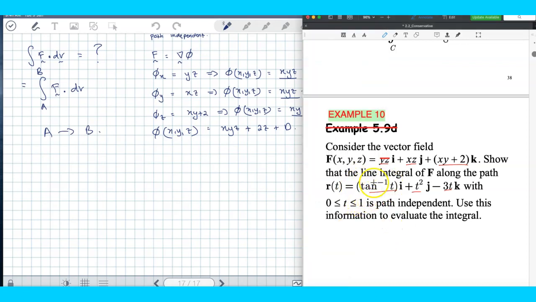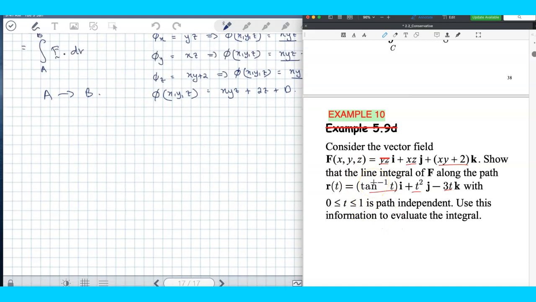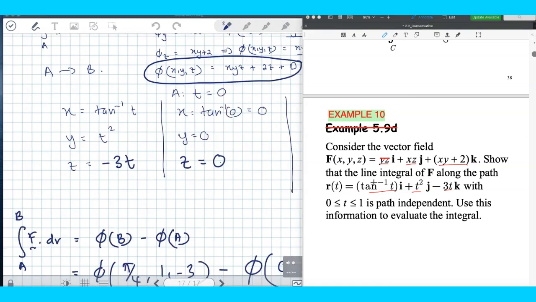You have x given by arctangent t, y given by t squared, and z is minus 3t. Since t is given, you can determine the initial point in terms of x, y, z for A, and the terminal point for B.